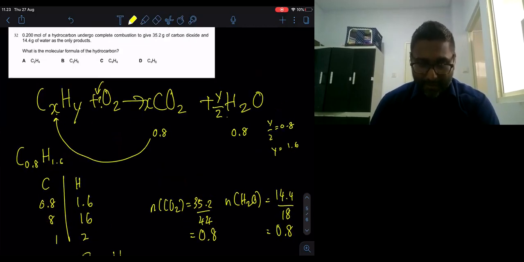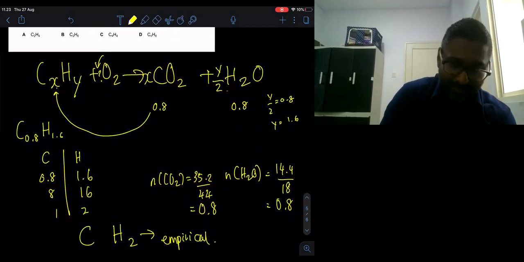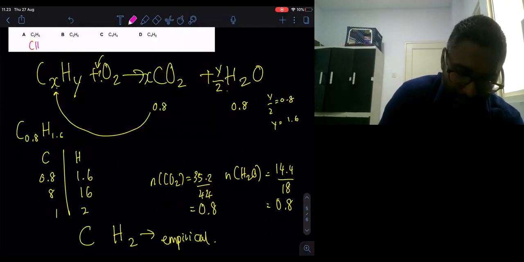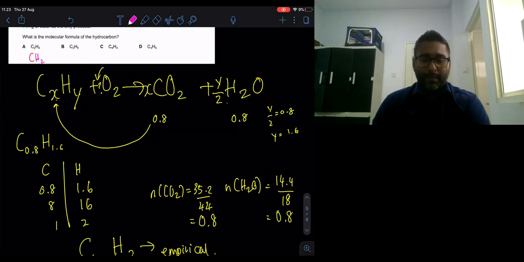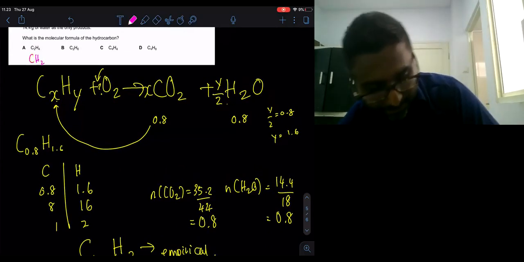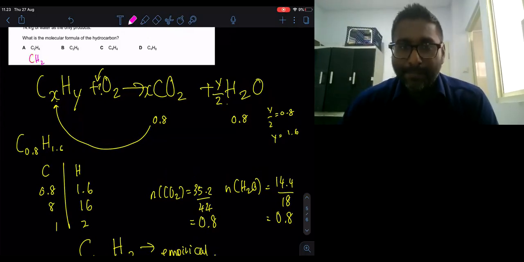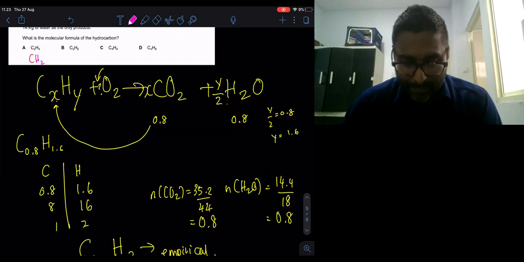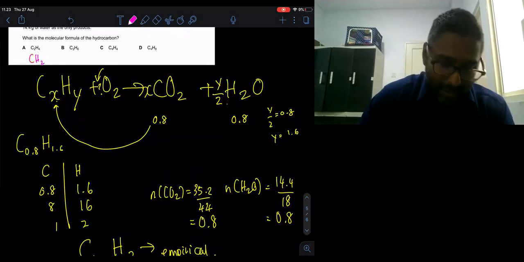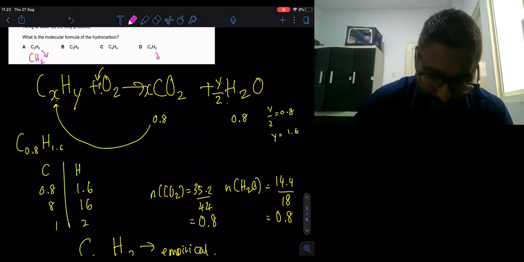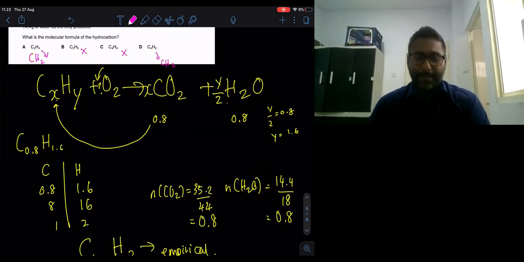So please check which one will have the empirical formula of CH2. A also CH2. This one also CH2. Cannot be this, cannot be this.